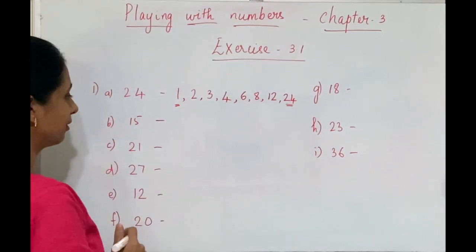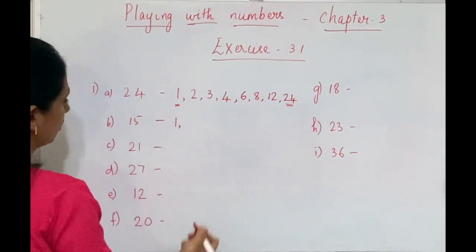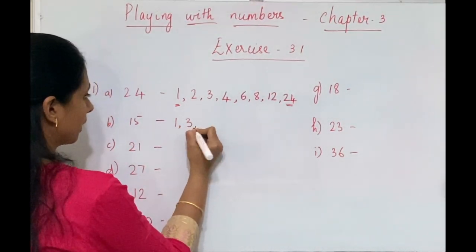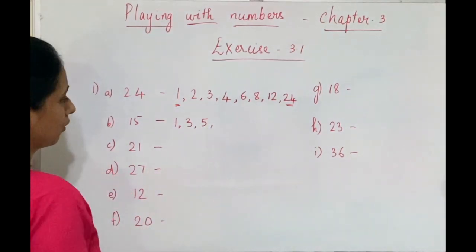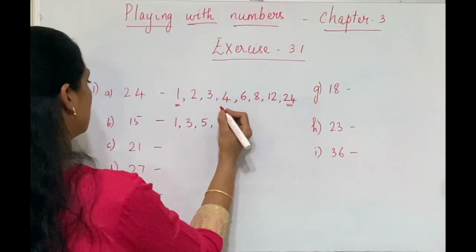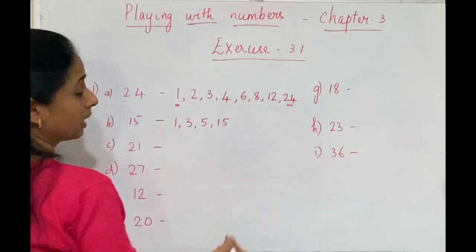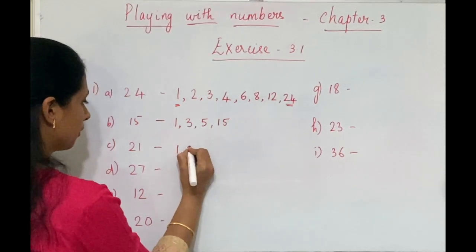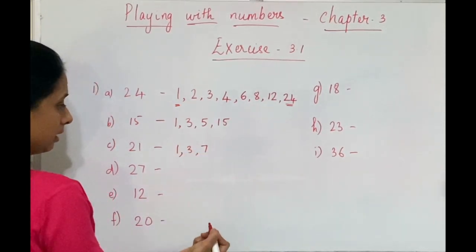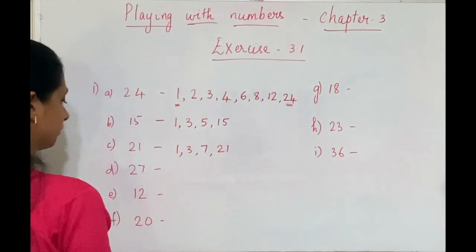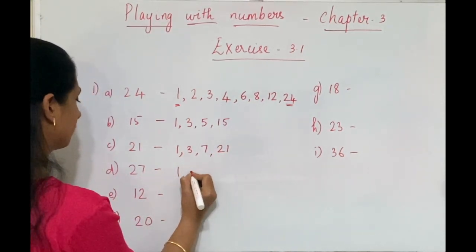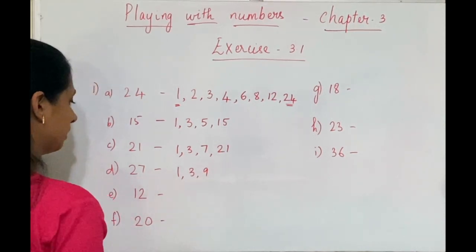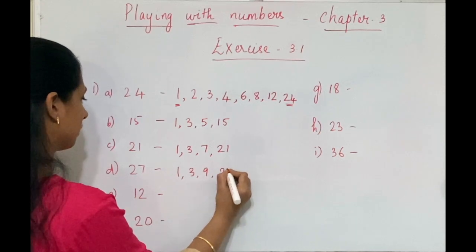Okay, let's do for 15. So we will start with 1. 2 is not a factor because 15 is an odd number. 3 is a factor. Then 5. Then 6, 7, no. Then it's only 15. Then 21: 1, 3, 7, then 21. 27: 1, 3, and then 9, then 27.